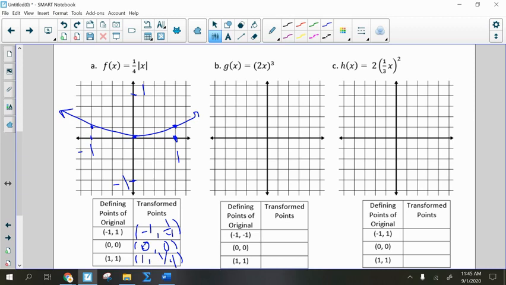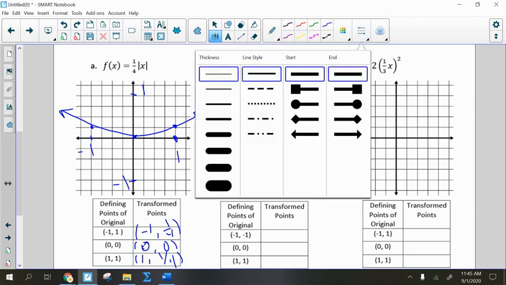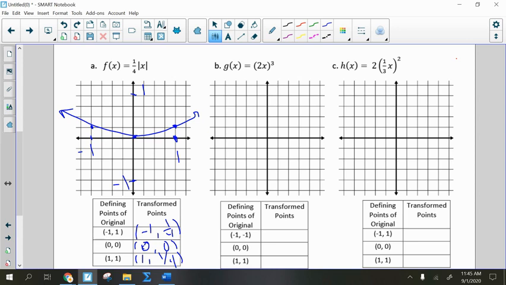Okay, this one here is a horizontal change. So this is changing the x's, which means you have to multiply by the reciprocal. So you're going to multiply all the x's by a half. So this is going to become -1/2, -1, 0, 0, positive 1/2, 1.